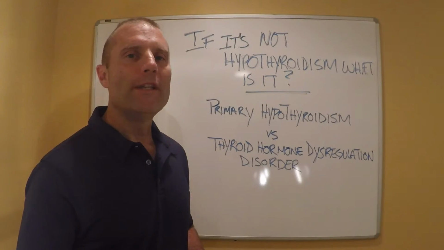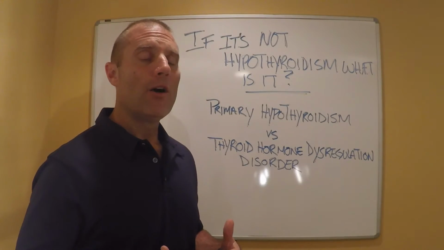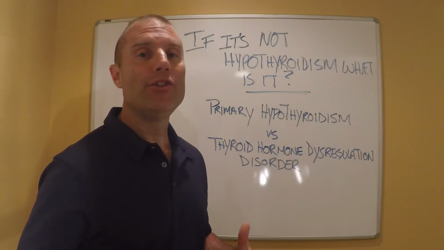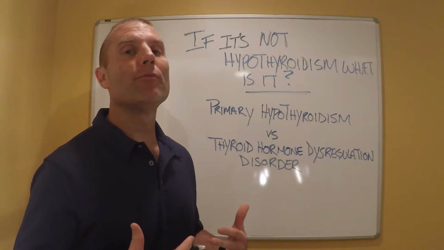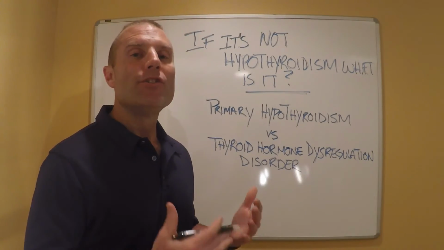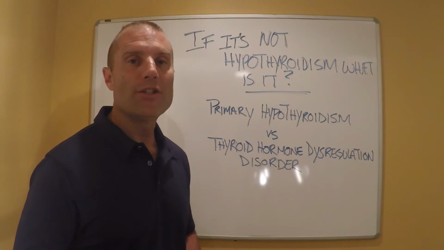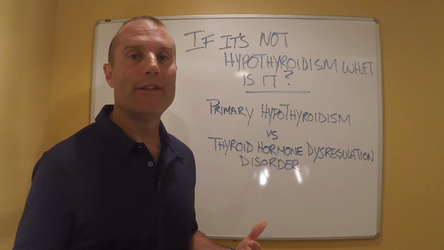So hopefully this will give you something to hang your hat on, that, hey, I do have something wrong. You don't have to remember a bunch of pathways or a bunch of physiology. Just remember this term, thyroid hormone dysregulation disorder. That's what we'll call it, okay?